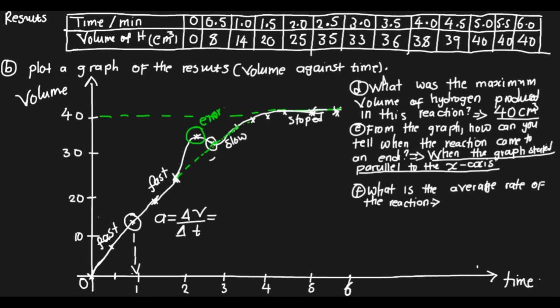When time was 1 minute, the volume was 14. So we have 14 over 1, which gives us 14 cubic centimeters per minute. This means that at this point, every 1 minute, 14 cubic centimeters of hydrogen was produced.